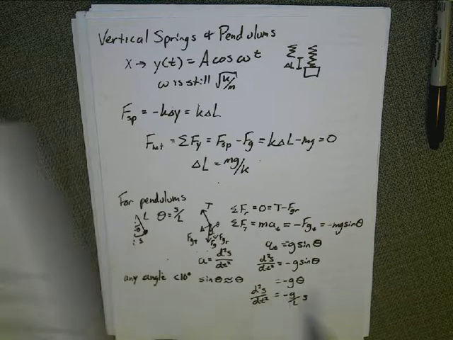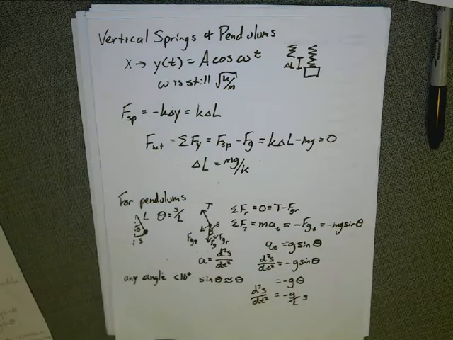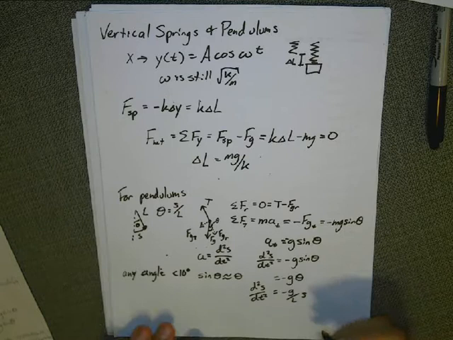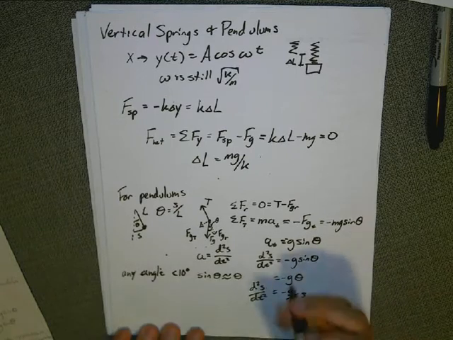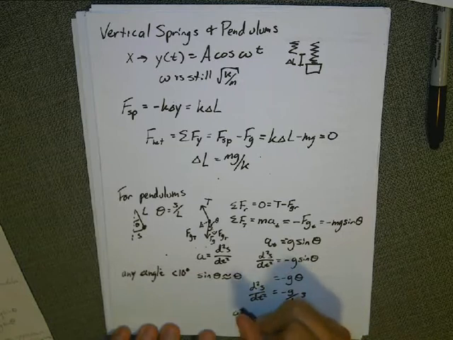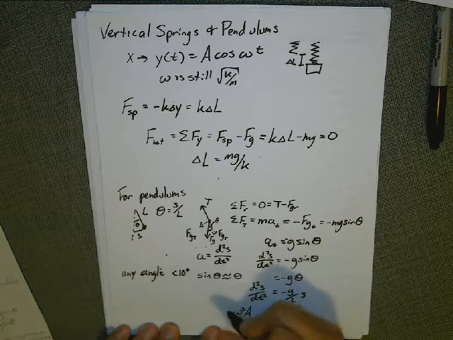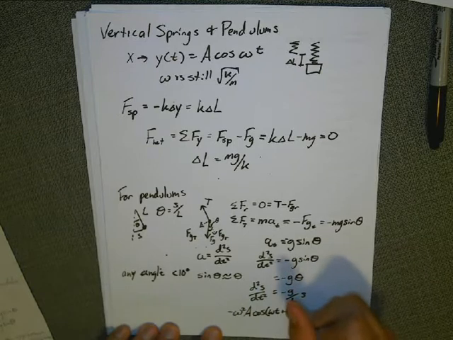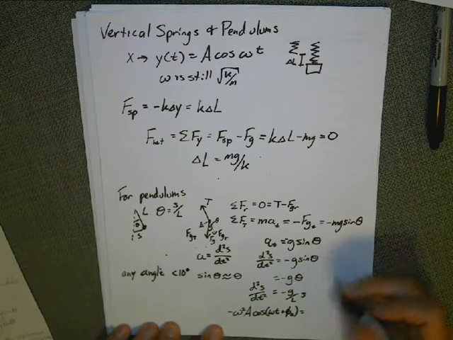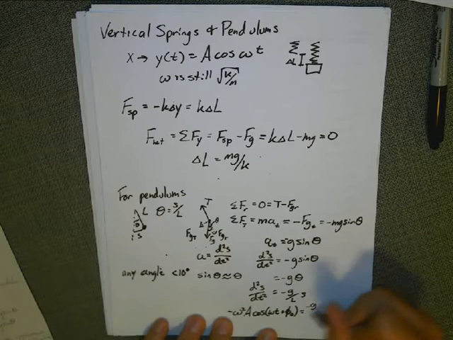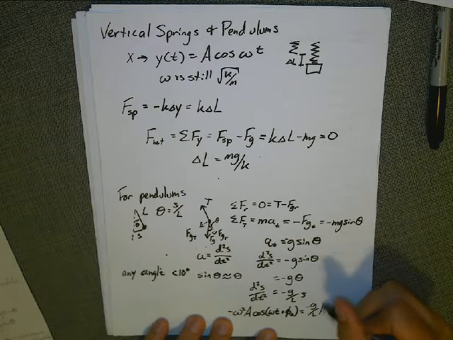So we can then conclude, if I plug in those same equations for cosine and sine, I'm going to get negative omega squared a cosine omega t equal to negative g over L a cosine omega t plus phi naught.